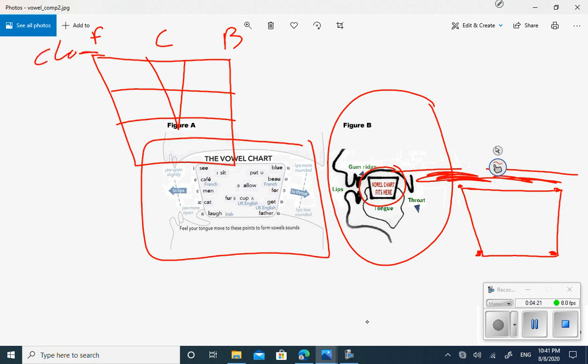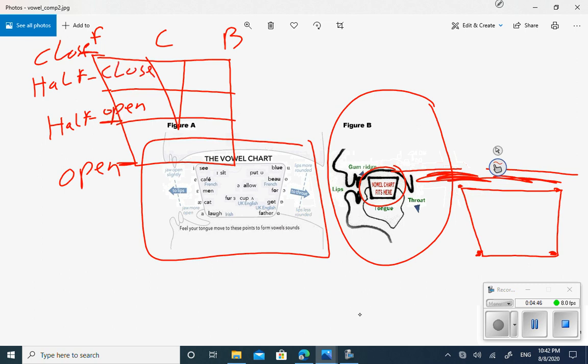This is known as an open area. Here it is known as half open, and this area is known as half close.